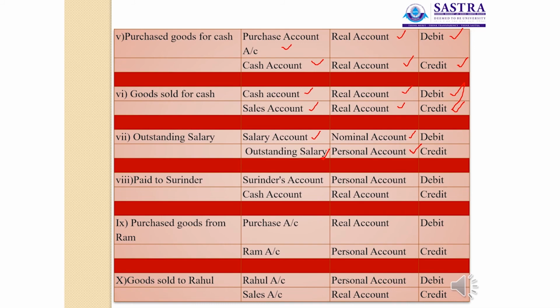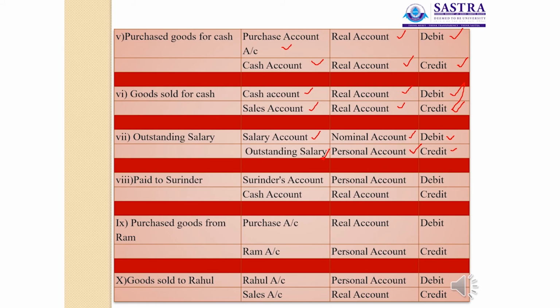That is one of the classifications of the personal account. Now you have to apply the rule. Salary is an expense, so it should be debited. Credit the giver. We are responsible for paying the salary amount, so outstanding salary will be credited.